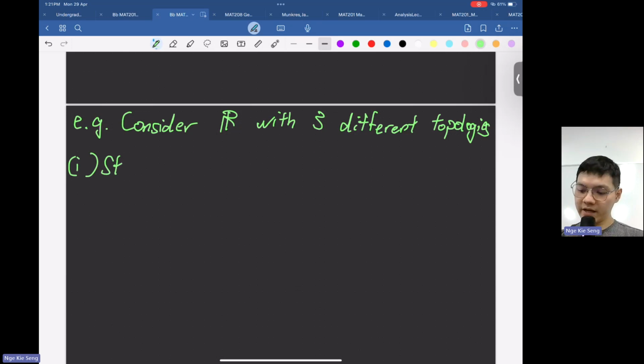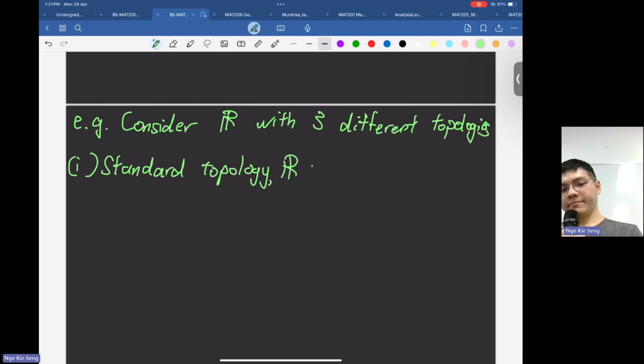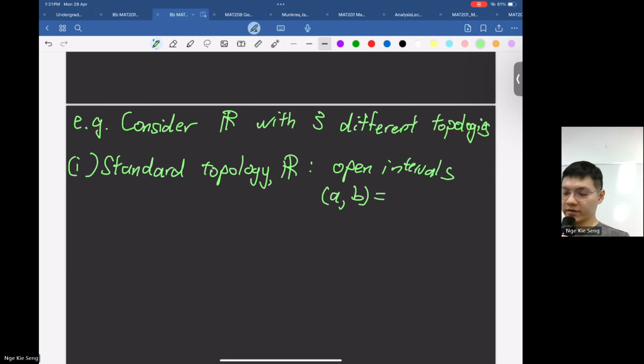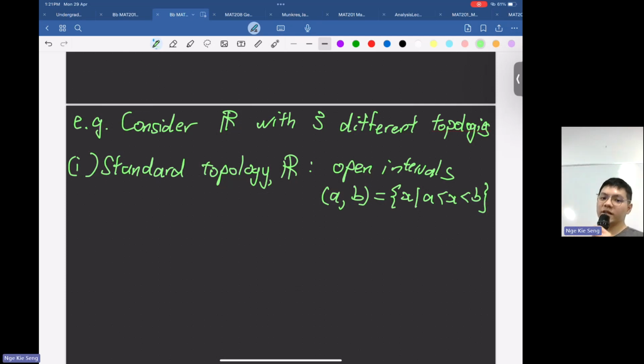So first is the standard topology, which is the Euclidean topology. What kind of basis can you take here? You can really just take open intervals. It is enough to cover everything inside your topological space. The open interval is all the points that are strictly in between the endpoints.